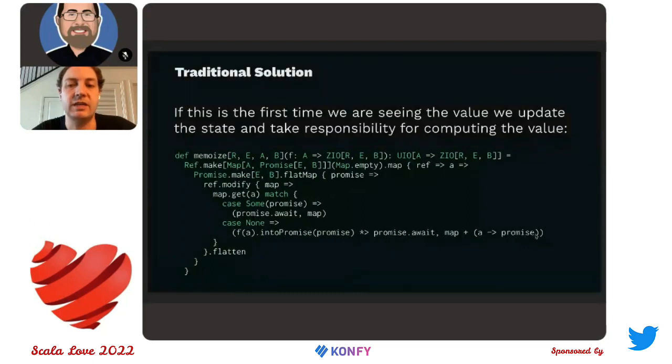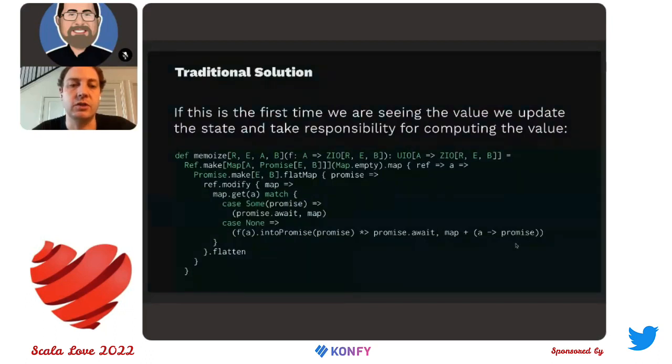So to have this promise even put in the map, we have to create the promise up front, which we're not going to use at all if it's already in the map, but if there wasn't one before, then we'll have this promise. And so in this case, we've got to update the state by putting in this new binding in the map that says, well, now if you're interested in this particular A value, here's the promise you wait for.